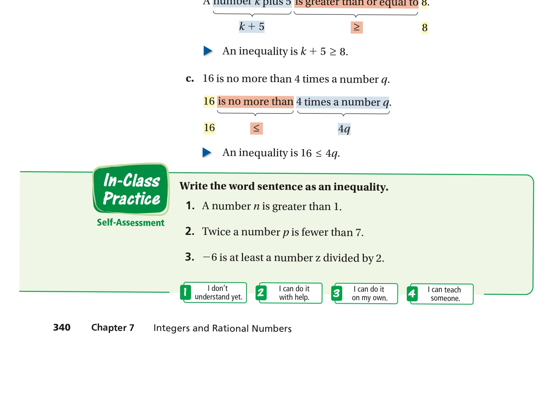Number 1 is a number N is greater than 1. So I'm going to have N as my variable, greater than 1. Number 2 says twice a number P. Twice a number P means that I am doing 2 times P. Is fewer than 7. Fewer than means less than 7.